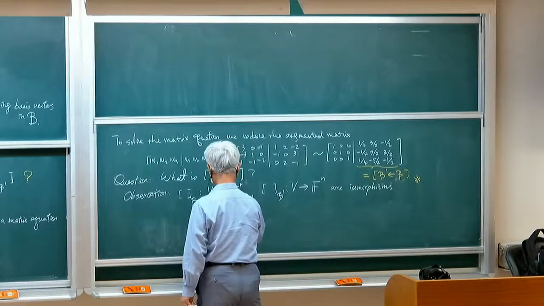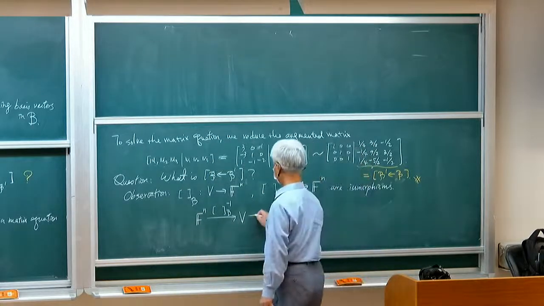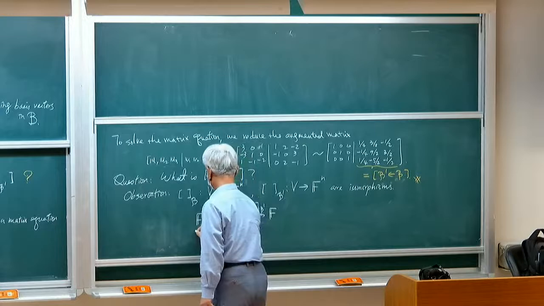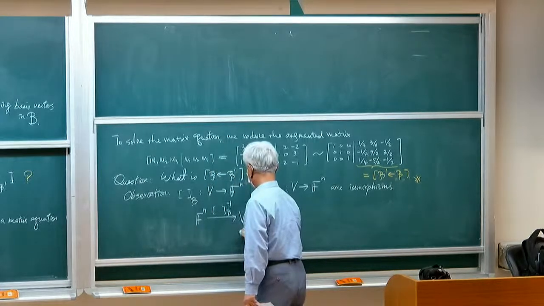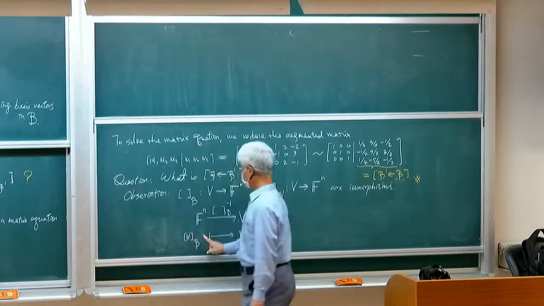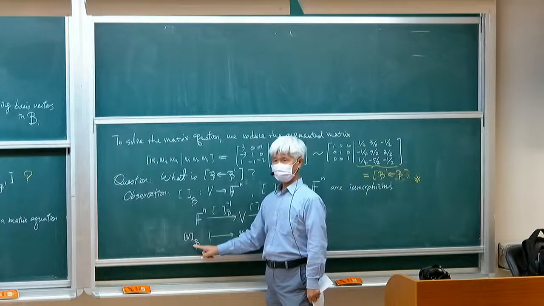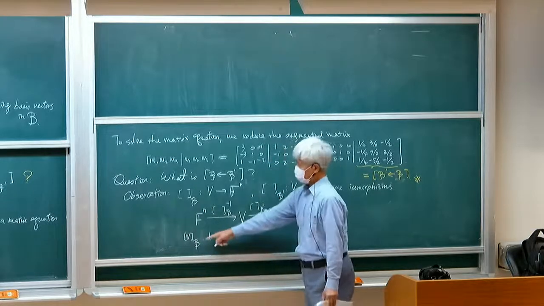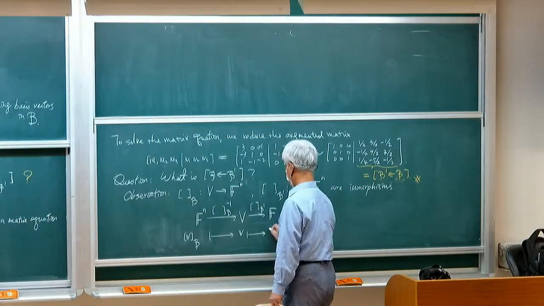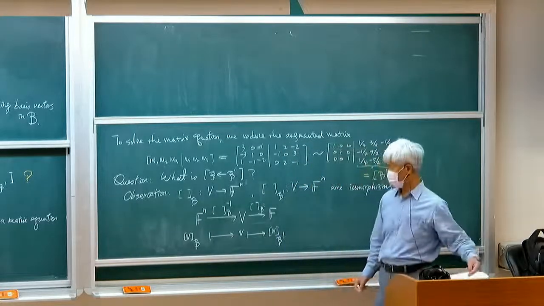This is the inverse. If this is V here, so this is B prime. So a B prime coordinate must be some vectors here, and now from here we go to B prime.